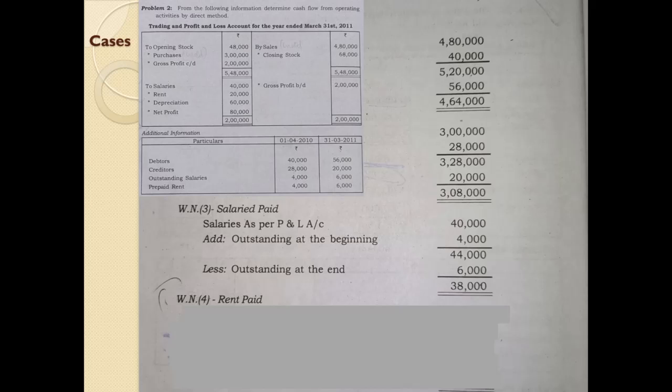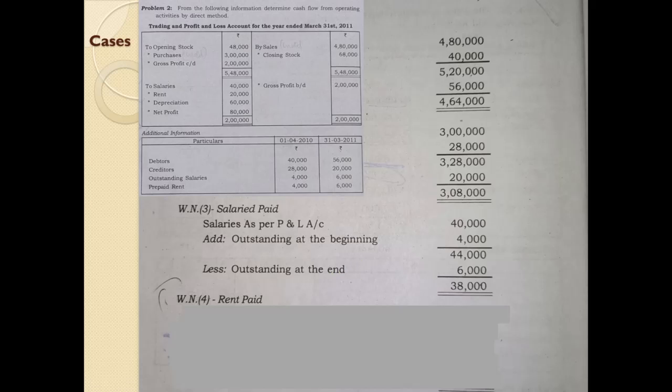Actually, it is one of the matching principle, in which we are taking only those items that are relating to that particular year. And regarding adding outstanding at the beginning and lessing outstanding at the end, the concept is, in the first day of that financial year, there was an outstanding balance of rupees 4,000, and naturally this 4,000 will be paid during that period. So that payment was during that period, so it has to be taken. And outstanding at the end means at the end of that particular financial year.